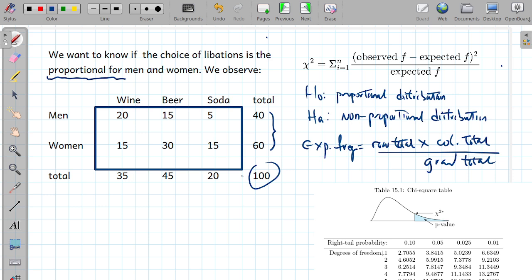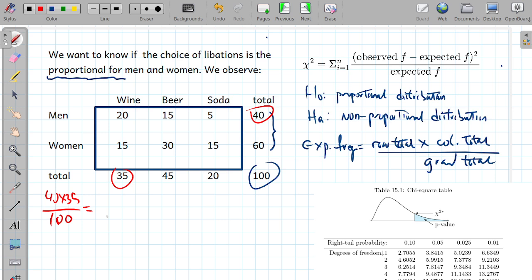So let's look at the first cell. Let's use red ink again. So for men and wine, the row total is 40, the column total is 35. So we have 40 times 35. Grand total is 100, so that makes this really easy to do. So 40 times 35, that should be, well, what's 40% of 35?